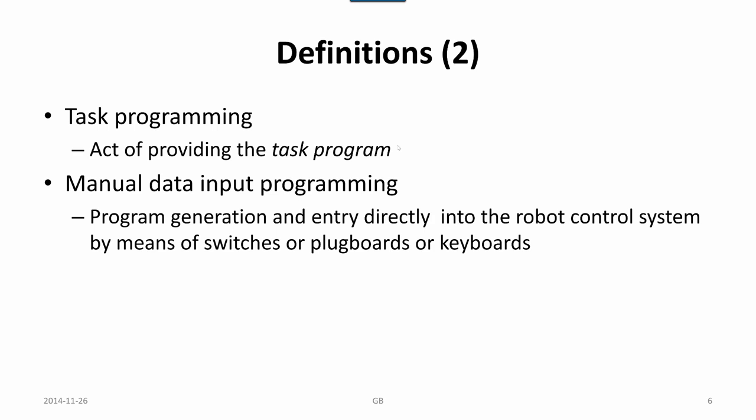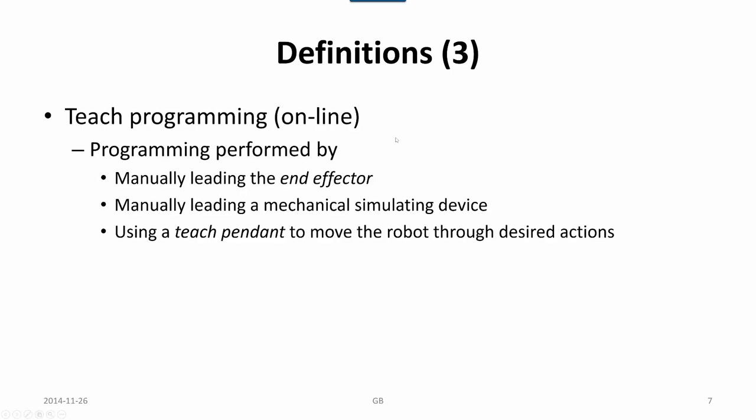Manual data input programming is the program generation and entry directly into the robot control system by means of switches or plug boards or keyboards. And teach programming online is programming performed by manually leading the end effector or manually leading a mechanical simulation device, or using a teach pendant to move the robot through the desired actions.